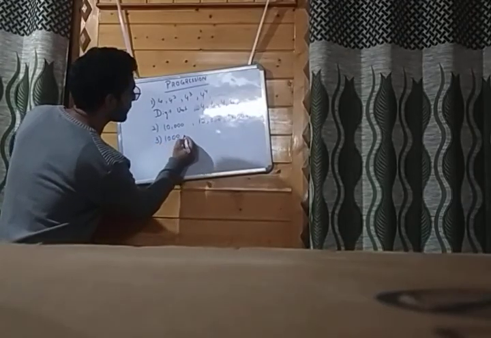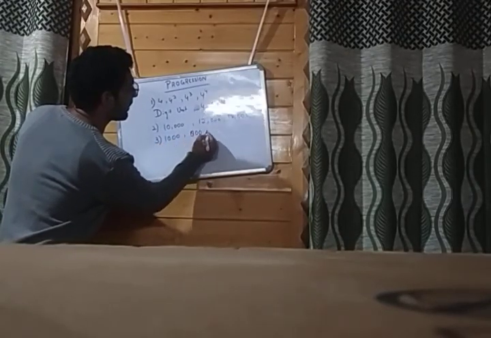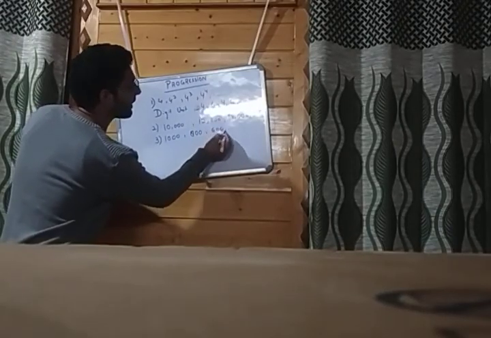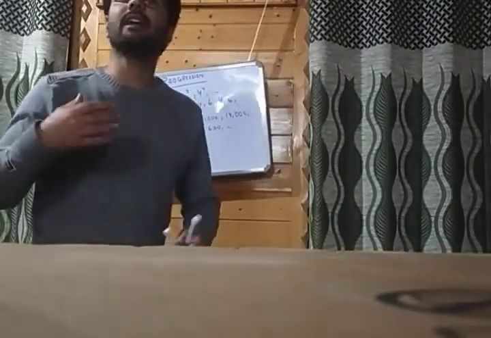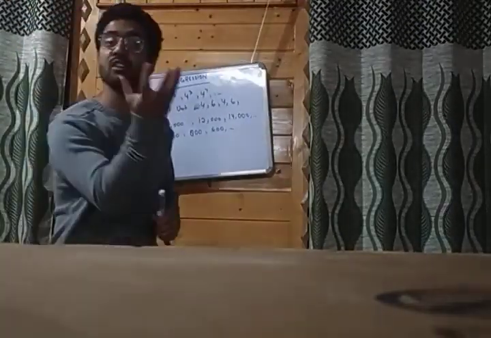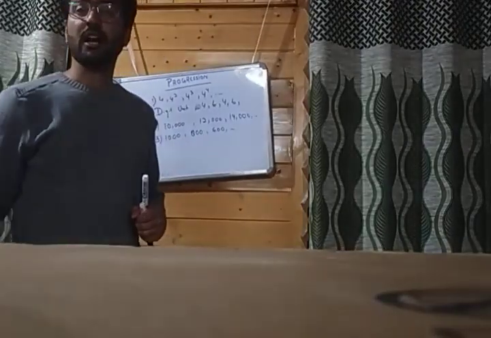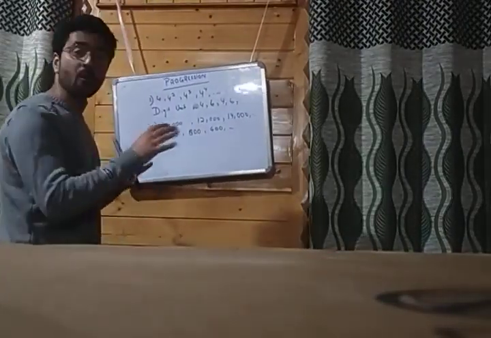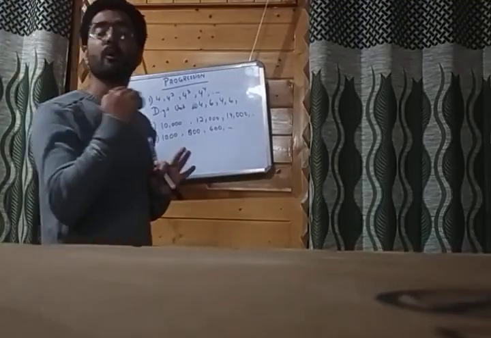So it is 1,000, now it's 800, and then it's 600, and so on. So actually what are we doing? We are adding a constant number to something, and this forms a progression.